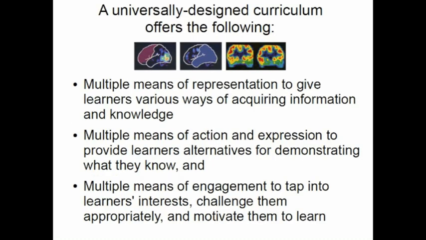So a universally designed curriculum should offer multiple means of representing ideas so that students can acquire information in multiple ways. So, for example, the printed word is not the only way to understand history.